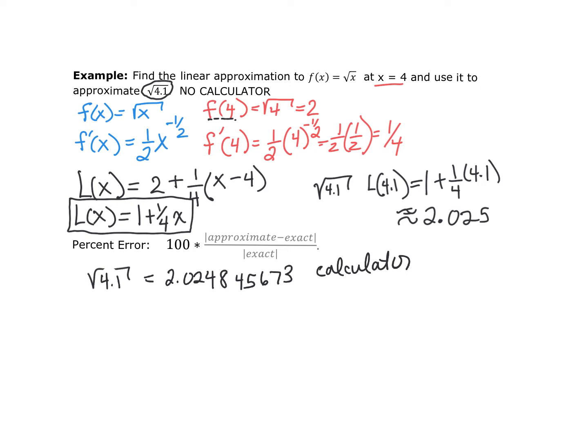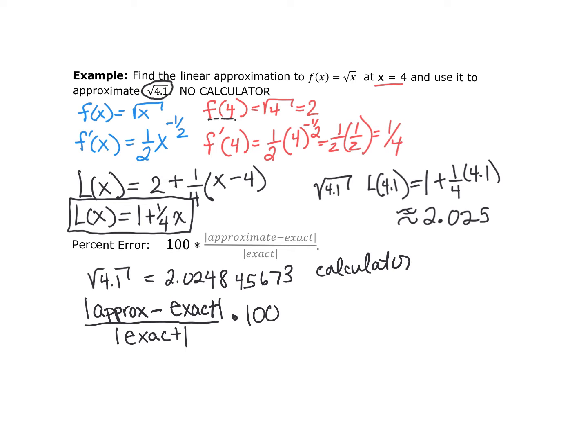But how close were we? Well, let's take the approximate value minus the exact value. We know that that's not exact, but we're going to use the one from the calculator, divided by the absolute value of the exact value, and then multiply that by 100.